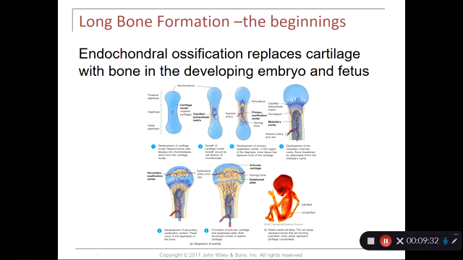Eventually though, you're going to notice that osteocytes are going to start forming. The osteoprogenitor cells are going to start taking over, and you're also going to note that at this point you've got a nutrient artery going in to feed. So there's got to be some type of relationship between blood invading and the formation of bone.